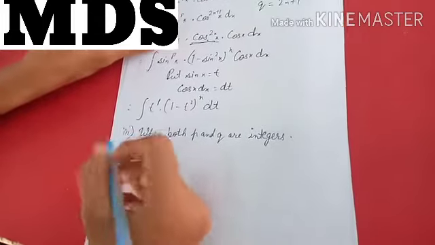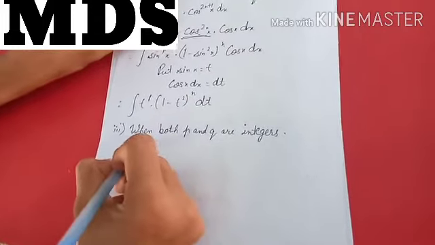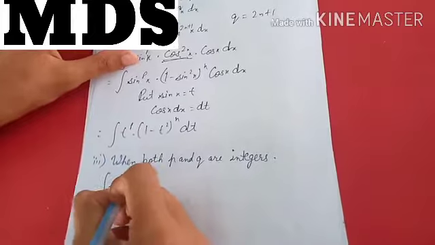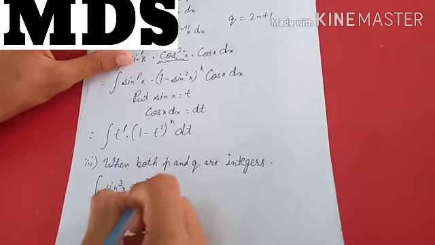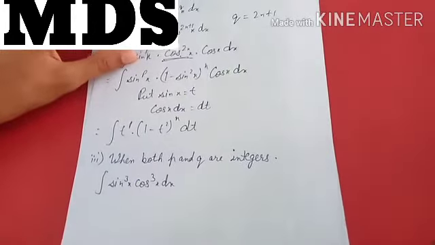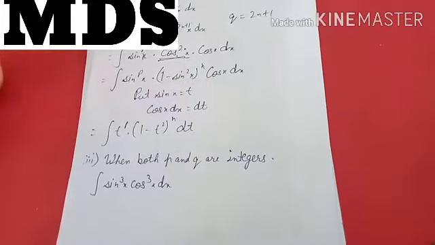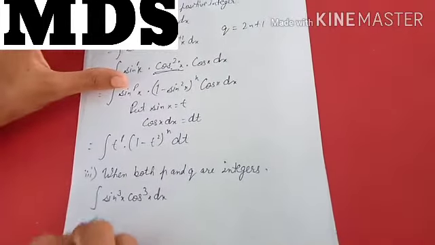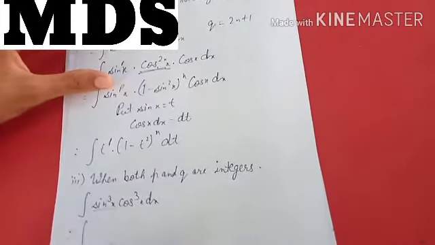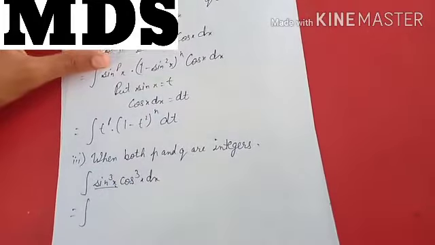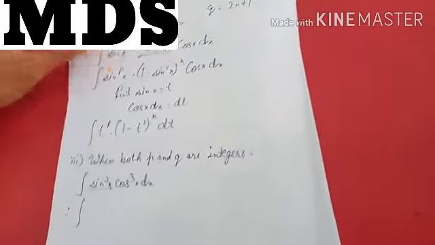Suppose the example given to us is sin cube x into cos cube x dx. Then it's our choice, we want to convert this into cos or we want to convert cos into sin. That's up to you.